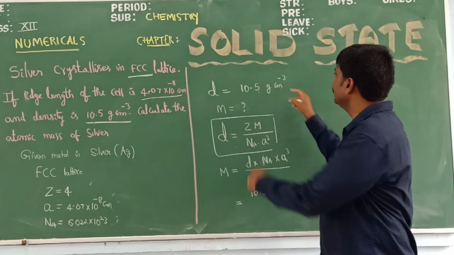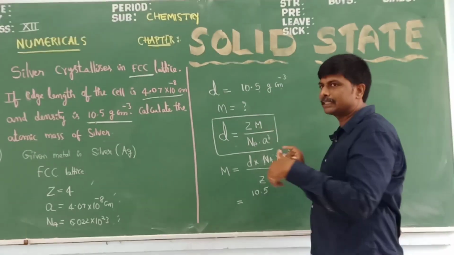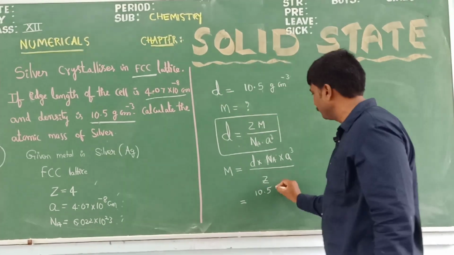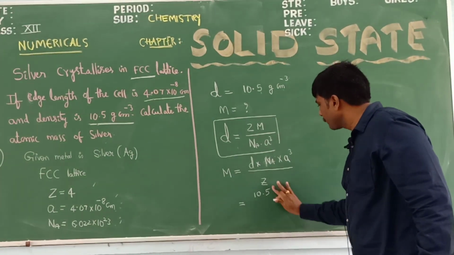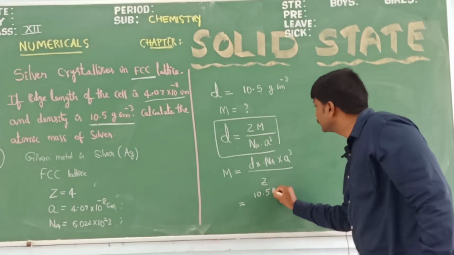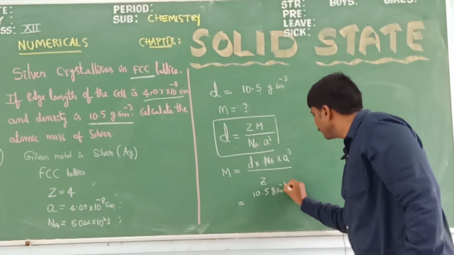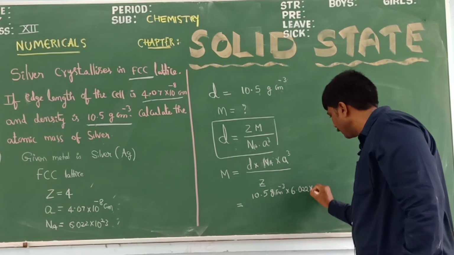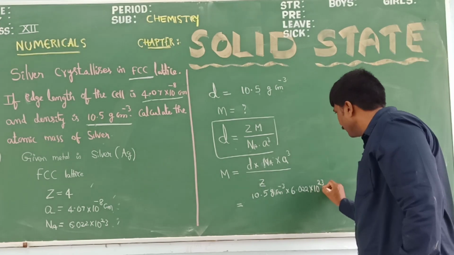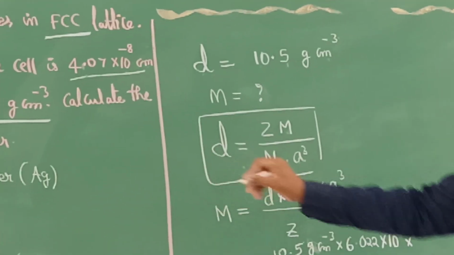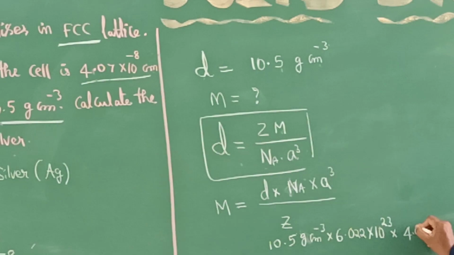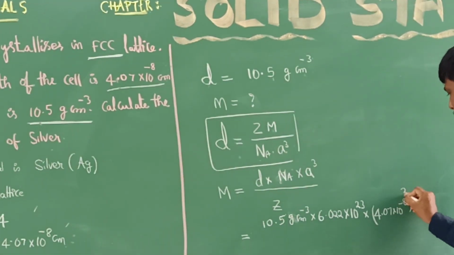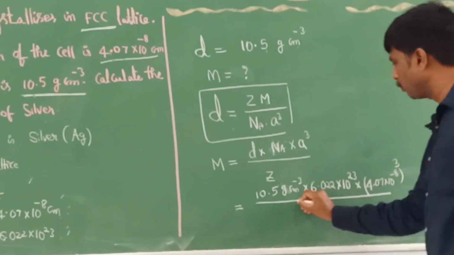I told you already, you have to write in CGS units. This is also in CGS units. So M is equal to 10.5 gram per centimeter cube into Avogadro's number 6.022 into 10 to the power of 23 into a cube, where a is 4.07 into 10 to the power of minus 8, whole cube, by Z, which is 4.